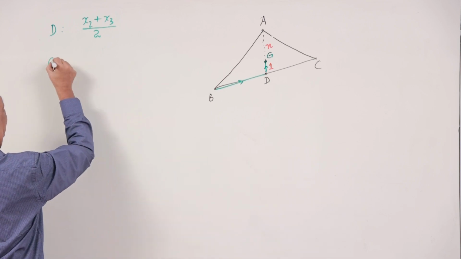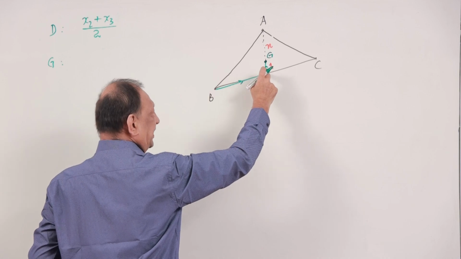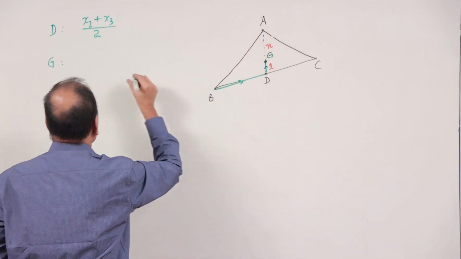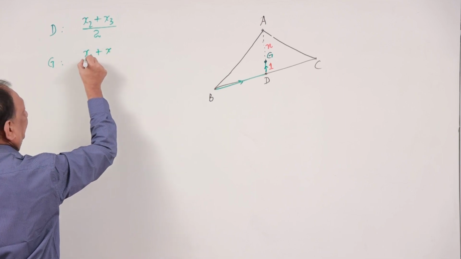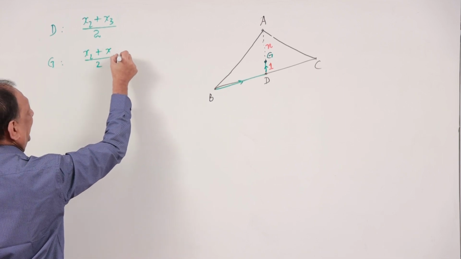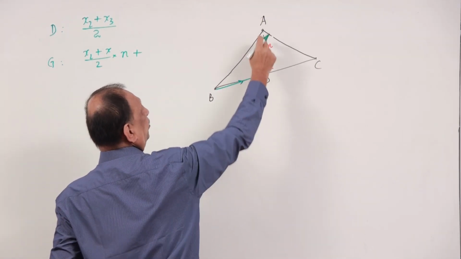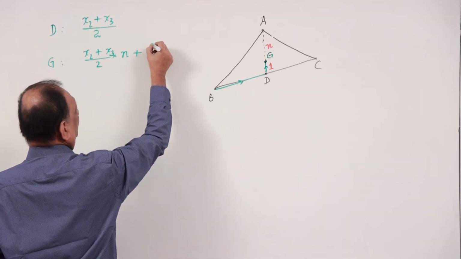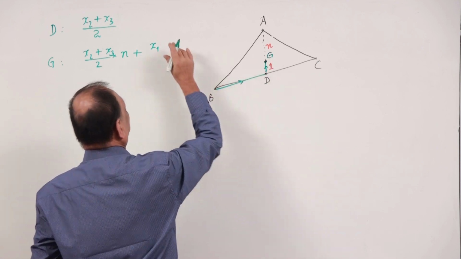That is it. So how do you write the coordinate, x coordinate of G now? Is the next. What is it? Is the x coordinate of D multiplied by the distance not yet travelled. So that means x2 plus x3 by 2 multiplied by n plus x coordinate of A, which is x1 multiplied by distance already travelled is 1.